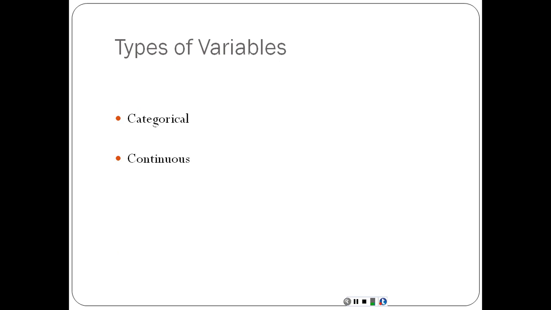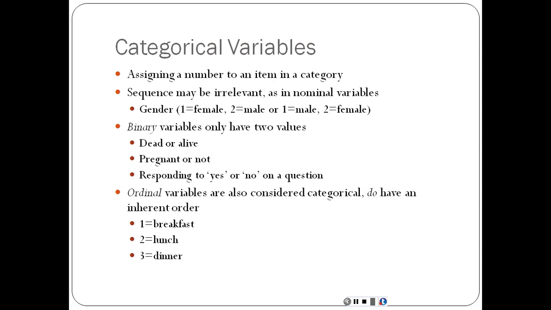So, types of variables fall under two categories, categorical or continuous. Categorical variables involve assigning a number to an item in a category. The sequence of the category may be irrelevant, such as with nominal variables, where gender has no inherent order and hence could be coded 1 female, 2 male, or 1 male, 2 female.